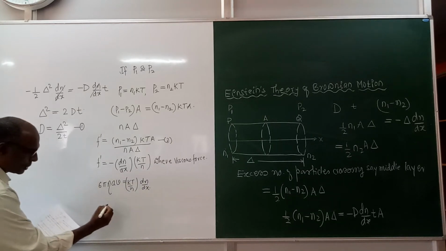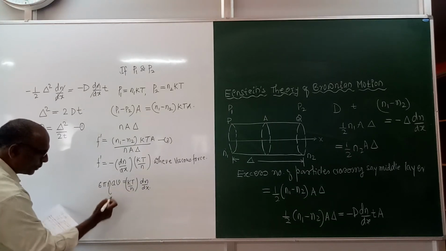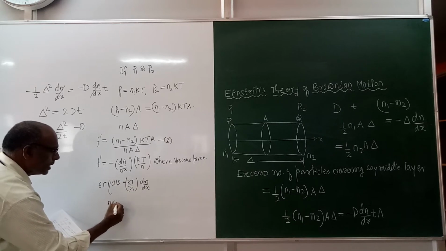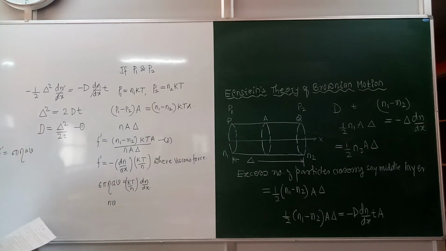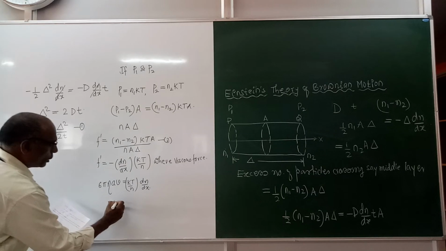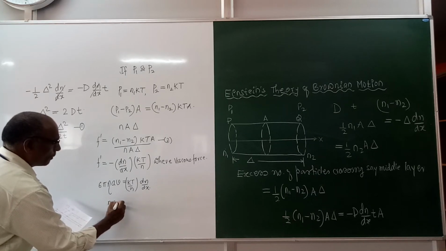I'll modify this to N into V, where N is the mean concentration here, not the number of molecules per unit volume.